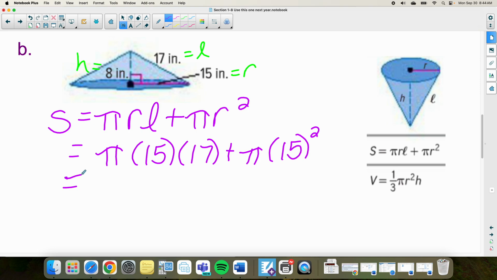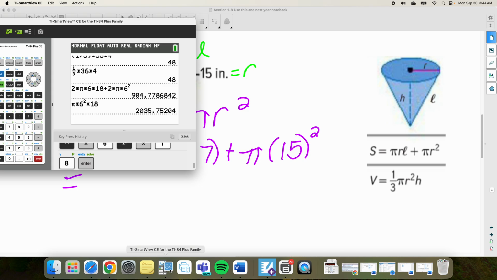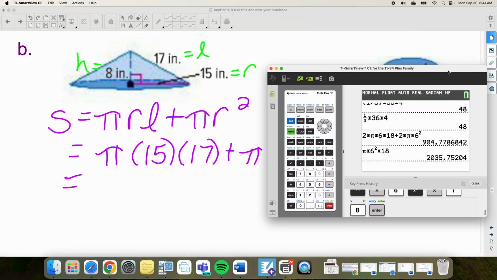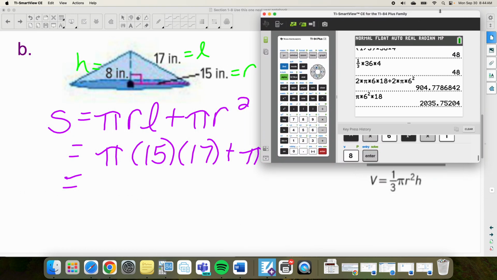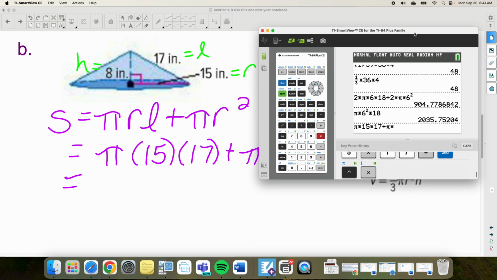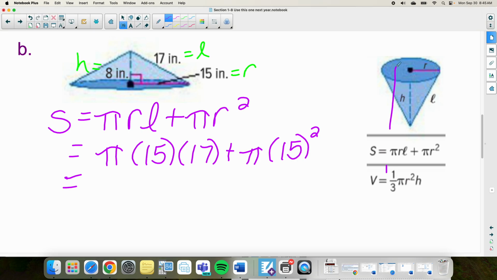Now if I go to my calculator and type that in, I'm going to do pi times 15 times 17 plus pi times 15 squared.